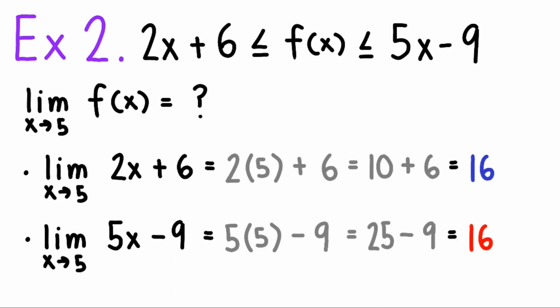And so, clearly, these two are equal. So by squeeze theorem, it follows that the limit of f of x out here as x approaches 5 must also be equal to 16. And so this out here is the answer for this problem.